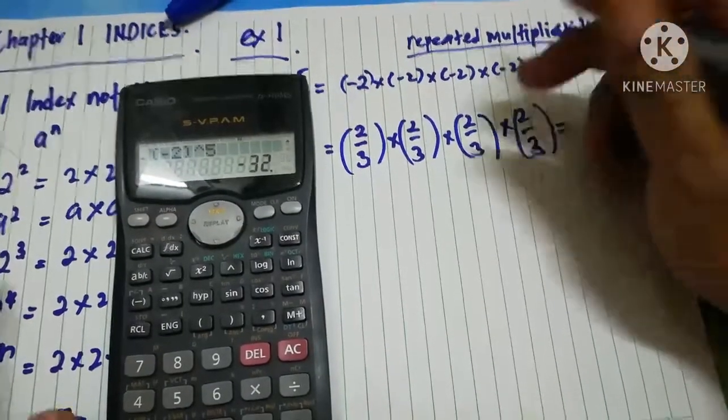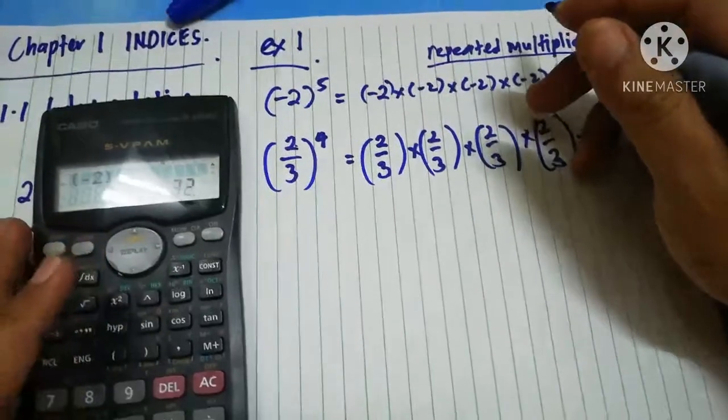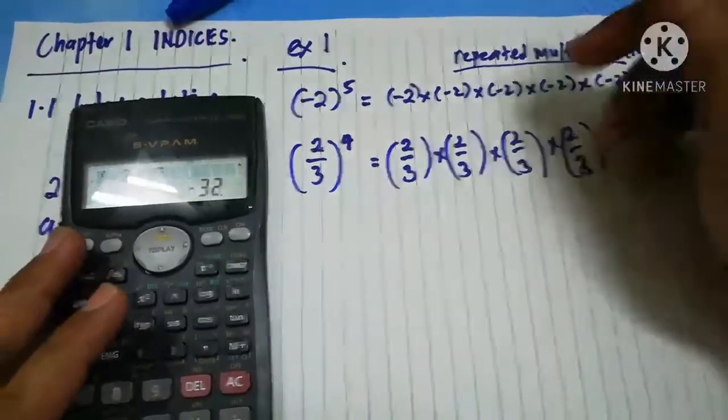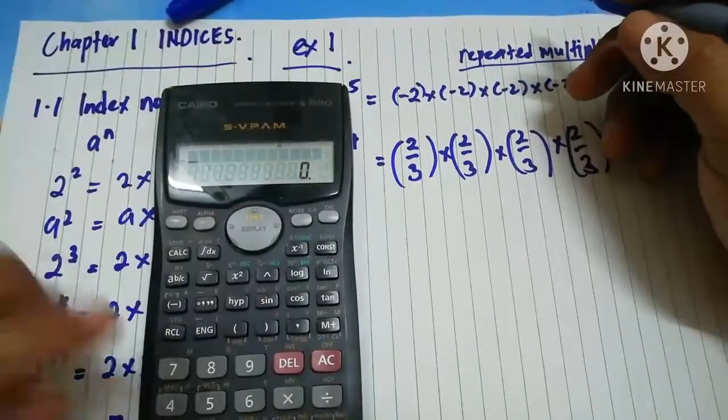Okay, now we look at the fraction, 2 over 3 to the power of 4, by using calculator.